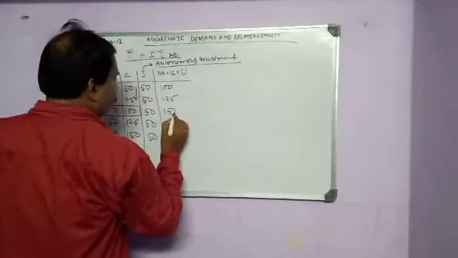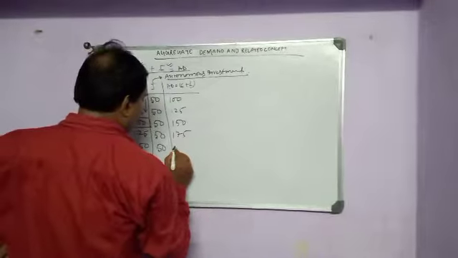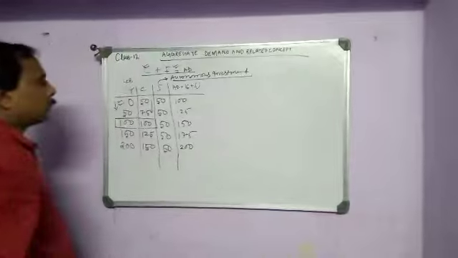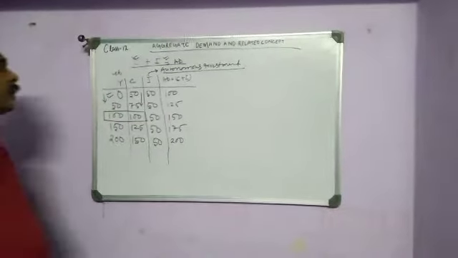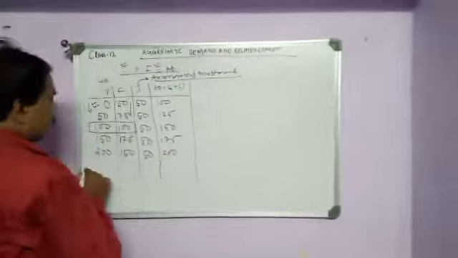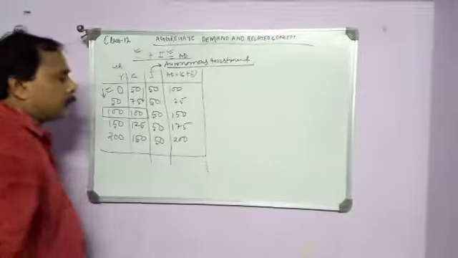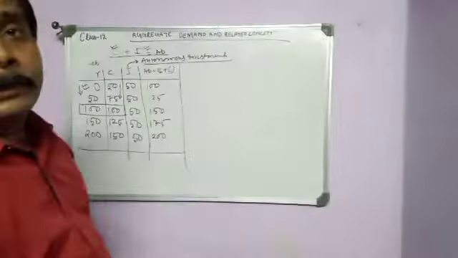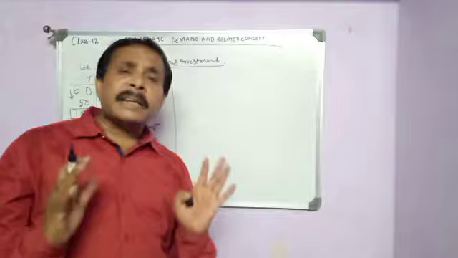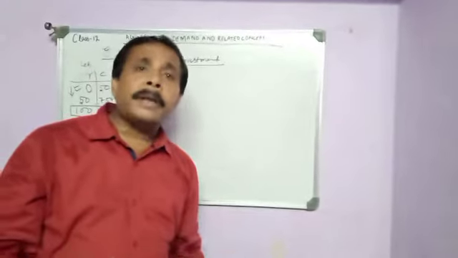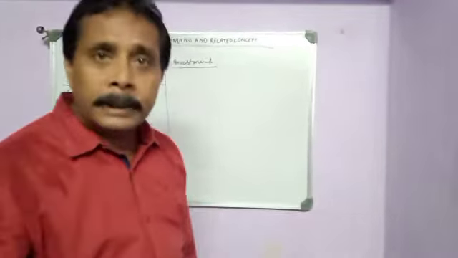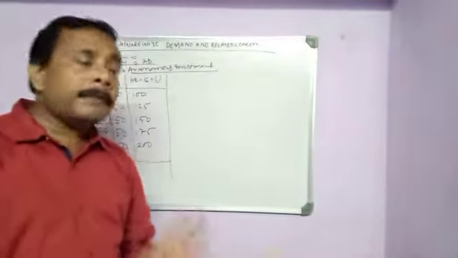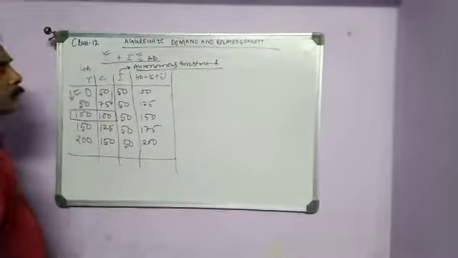So in this way, 150 crore, 175 crores, and it has become 200 crores. Clear? So aggregate demand is continuously rising, because I have already explained that all the sectors of the economy are planning to spend their money at the given level of income in a given period of time. So that is the definition, and accordingly it is working.